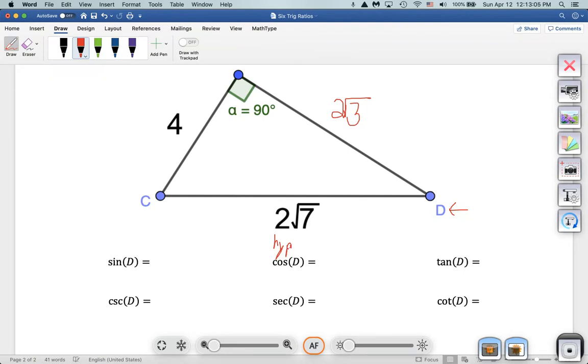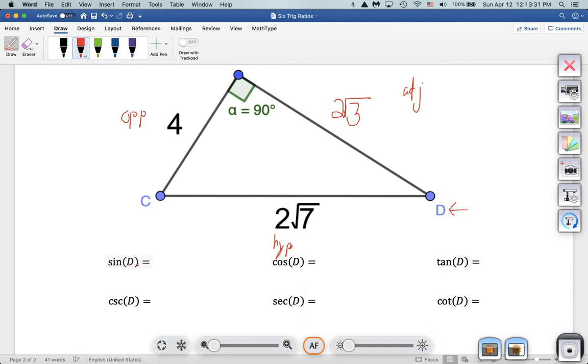Across from my D over here, this would be considered my opposite now. And the third side that makes angle D with the hypotenuse is my adjacent. So this is my adjacent.